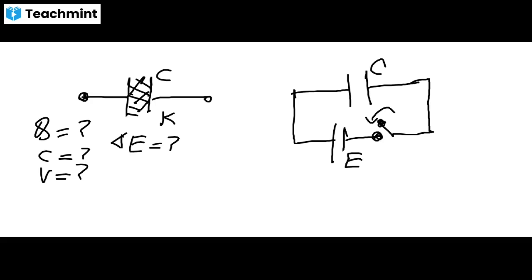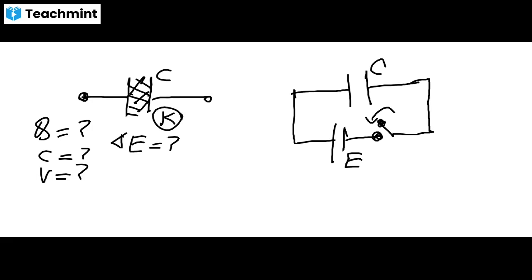Now I fill the region between the plates with some dielectric material having dielectric constant K, and you are to determine the charge, the capacitance, the potential difference, and the change in energy after filling the region between the plates with the dielectric medium. So let us try to solve.